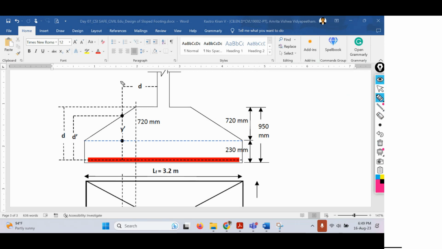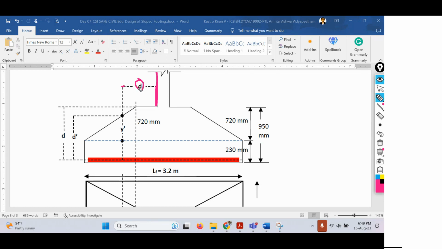It lies at a distance d from the face of the column. So we have to find the critical section d value.